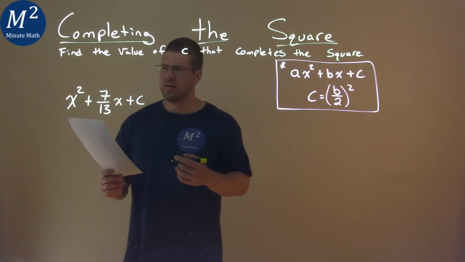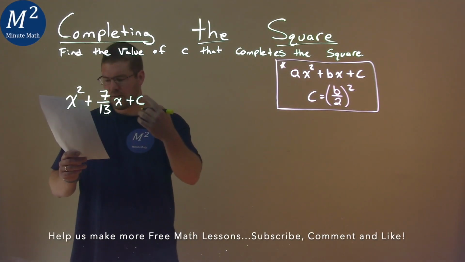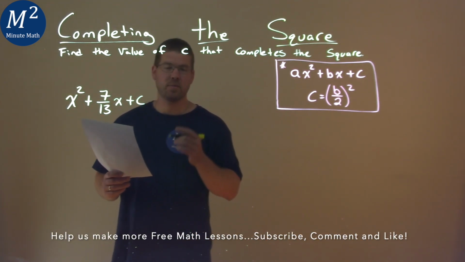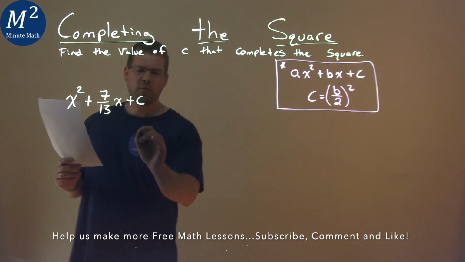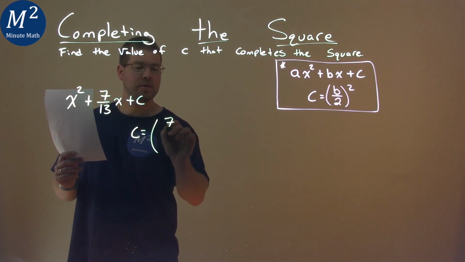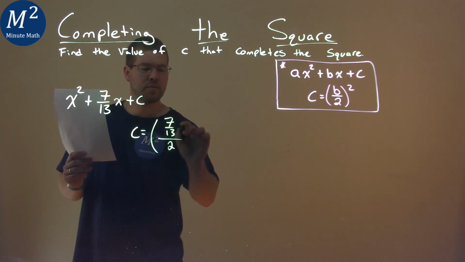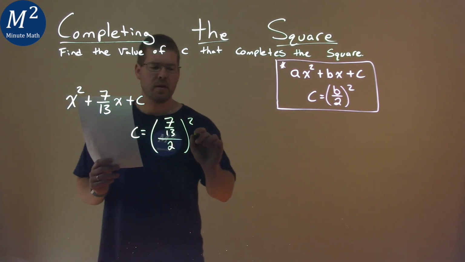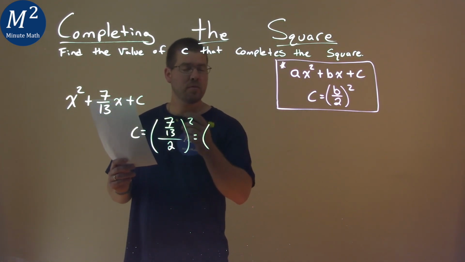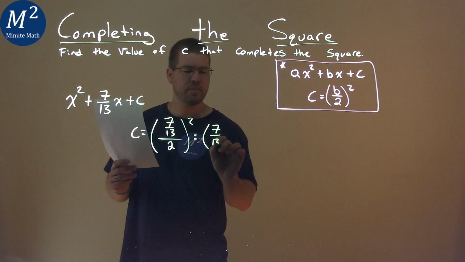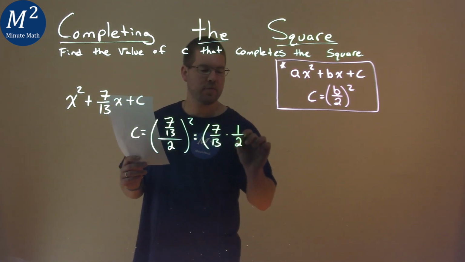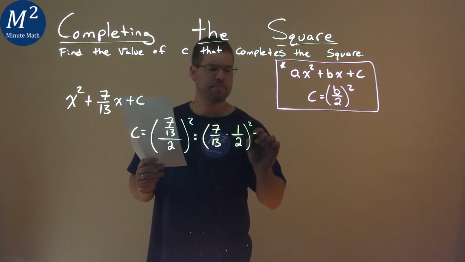We're given this problem right here, x squared plus 7 over 13x plus c, and we need to find the value of c that completes the square. Our formula tells us that c is equal to our b value, which is 7 over 13, divided by 2, all squared. Well, if you're like me, dividing with fractions is always a pain. So I can rewrite this to be 7 over 13, instead of dividing by 2, multiply by 1/2. And that makes it a little easier to see.